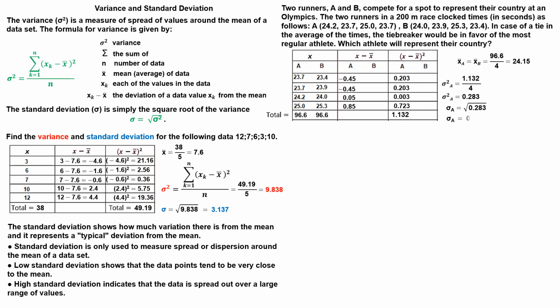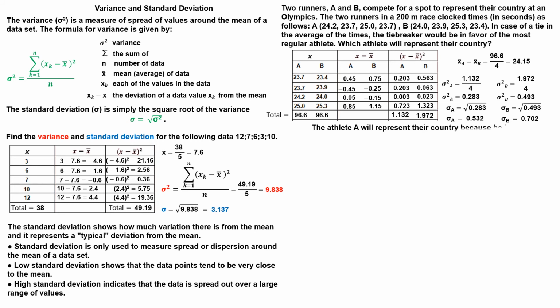Do the same for runner B. Athlete A will represent their country because he has the lower standard deviation, so he is the most regular.